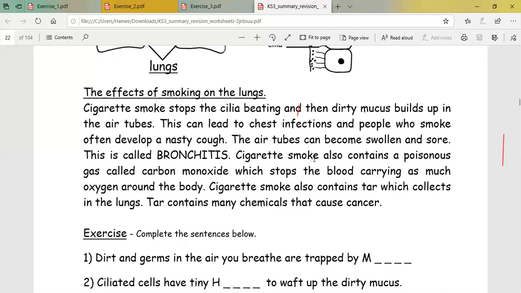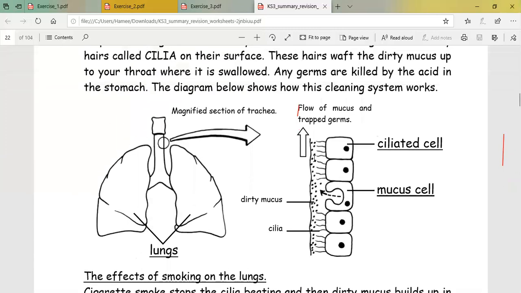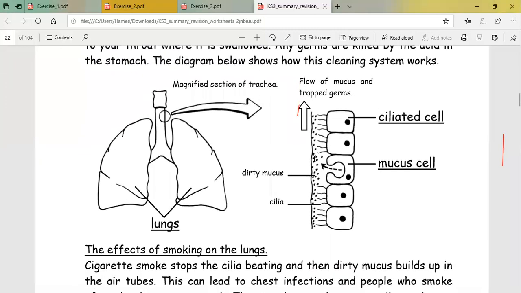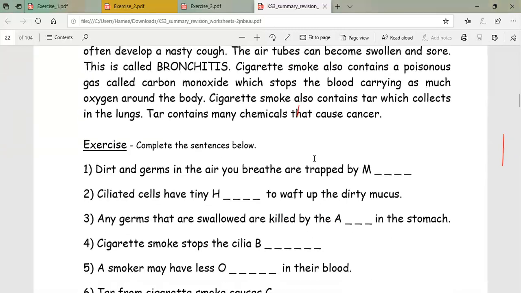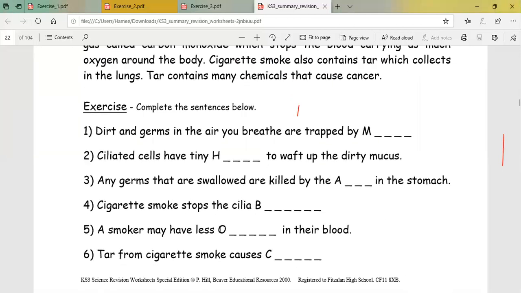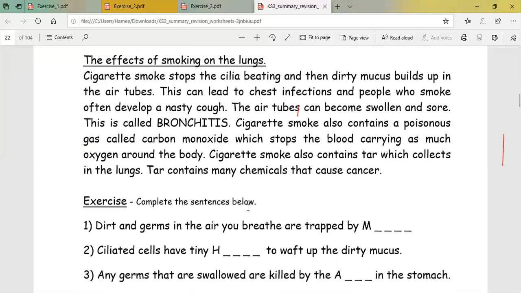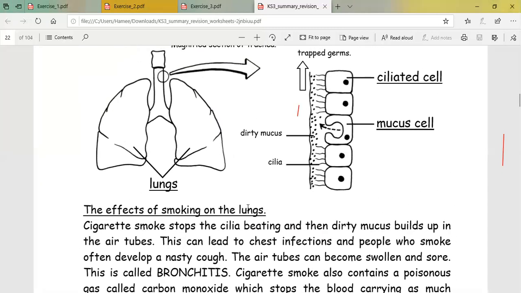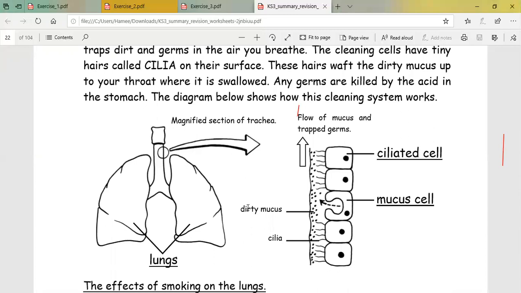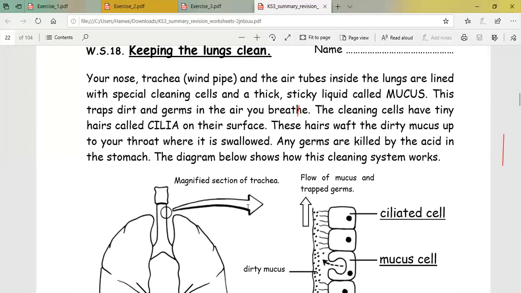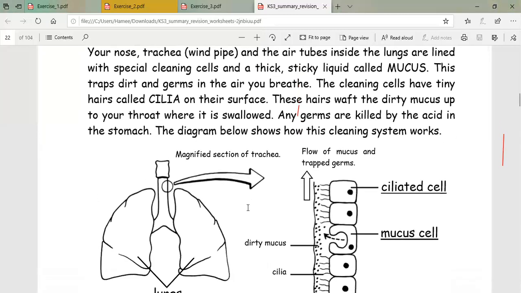That's when you have bronchitis. What happens is the smoke stops the cilia from having the ability to collect the germs or the dirt, which it usually does. So what the letter means, I don't know what they mean here.